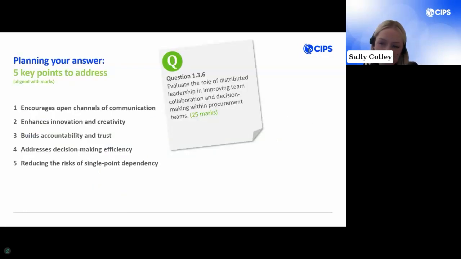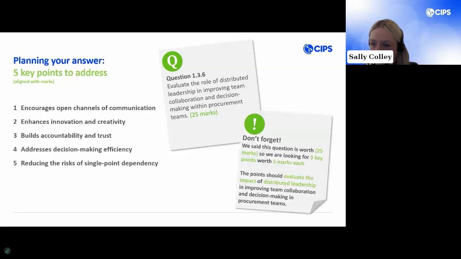So we've said the question is worth 25 marks. So we're looking for 5 key points worth 5 marks each that evaluate the impact of distributed leadership in improving team collaboration and decision making in procurement teams. The 5 key areas that could help you answer the question, and these are not closed off, you may come up with others.